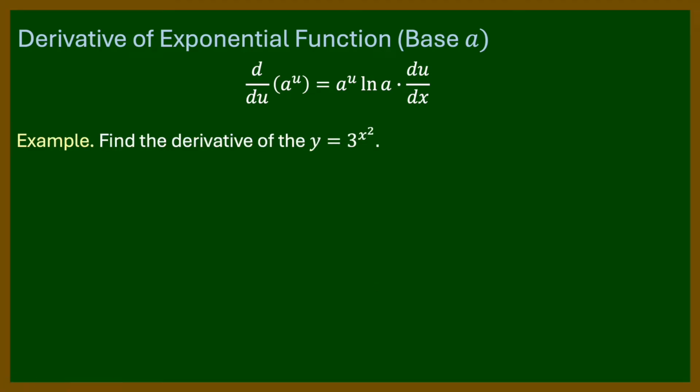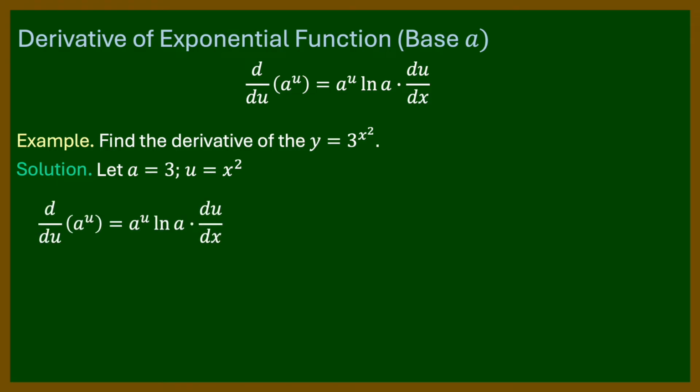Let's have an example. Find the derivative of this function, 3 to the power of x squared. Now, recognize first who is a, who is u. In this example, a is 3, then u is x squared.